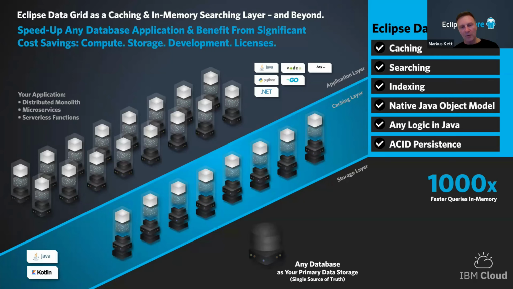Because now we can use Eclipse Data Grid as a distributed cache, as a kind of cache, but not only cache, way more. So it's now recommended to take the complexity out of your database.